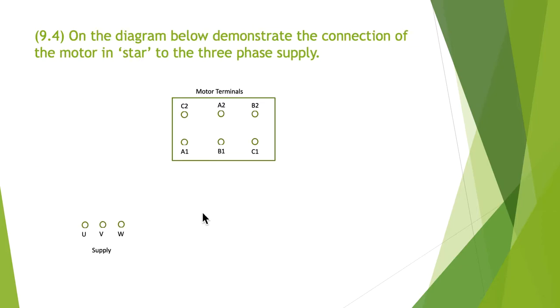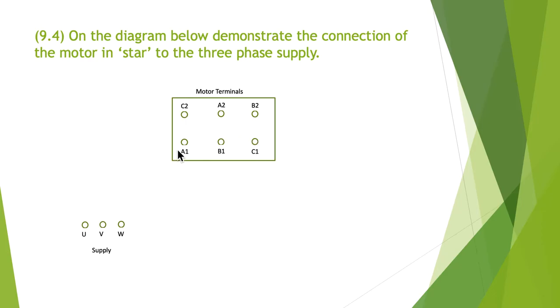9.4. On the diagram below, demonstrate the connection of a motor in star to a three-phase supply. This is reasonably straightforward, and you can see the A1, got a winding across here, a winding across here, and another winding across here.